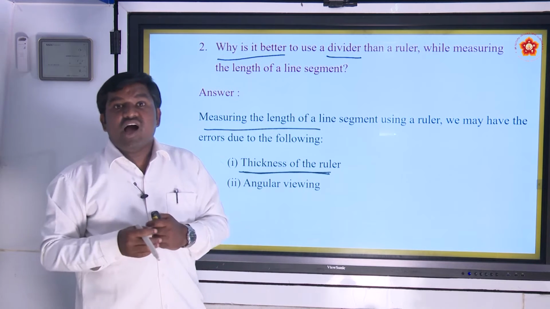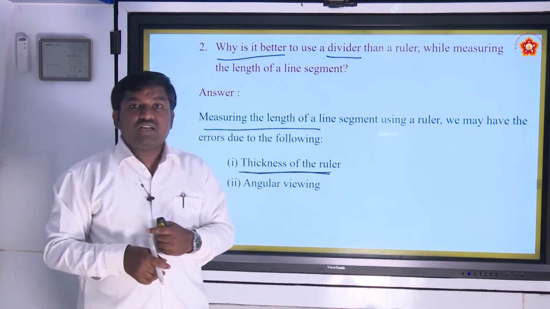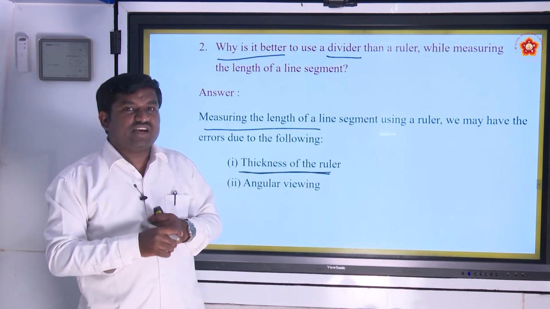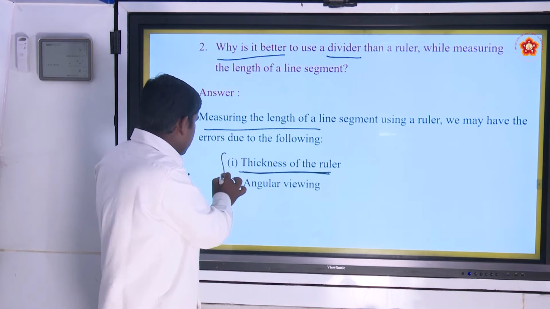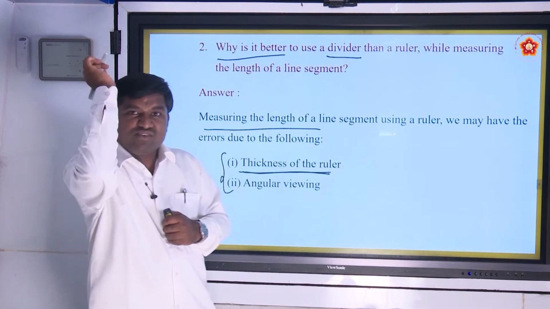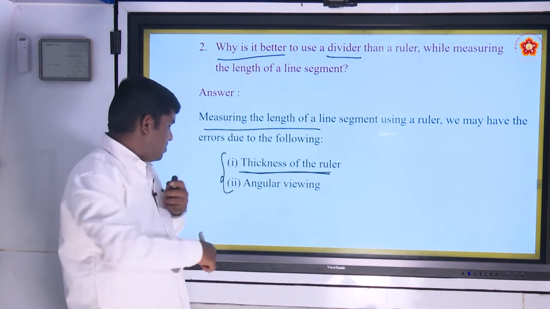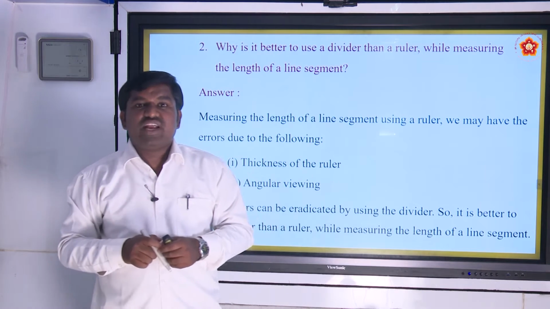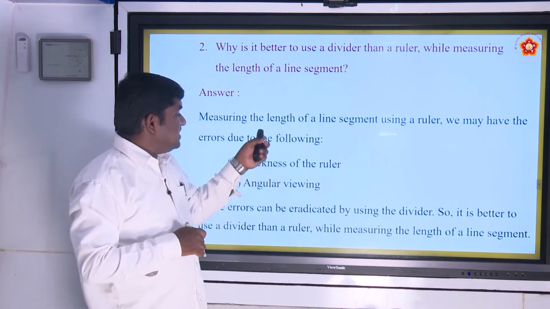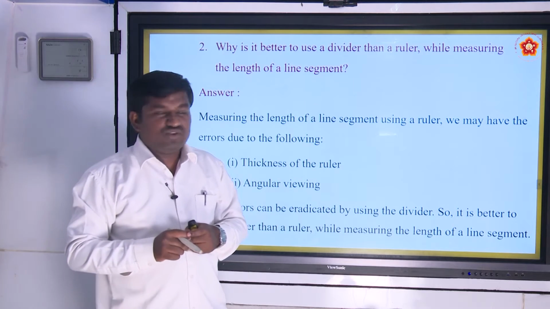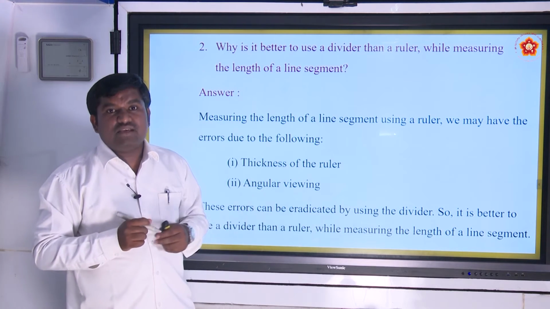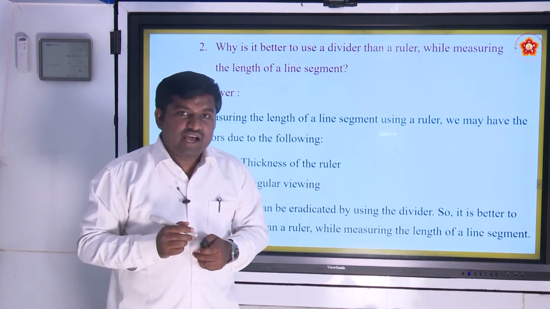Second one, angular viewing or positioning error. I explained this in the last class. These are the 2 main errors when using a ruler. So by using a divider we are able to eradicate these 2 errors. So to measure the length of a line segment, a divider is better than a ruler.